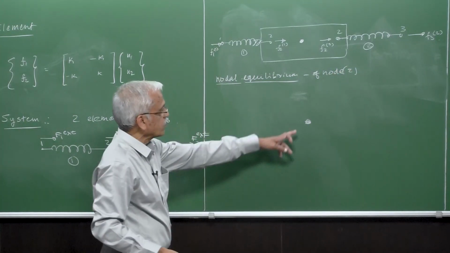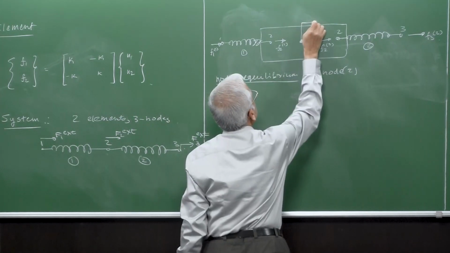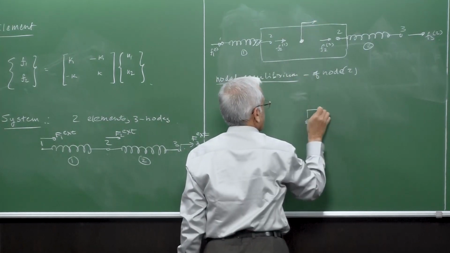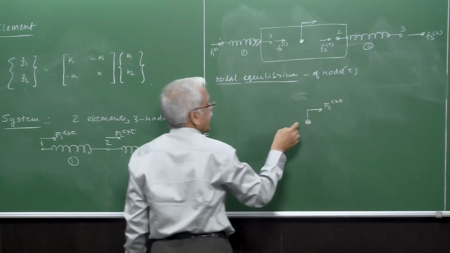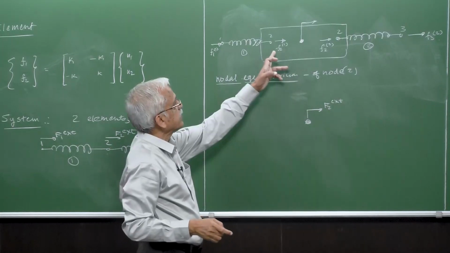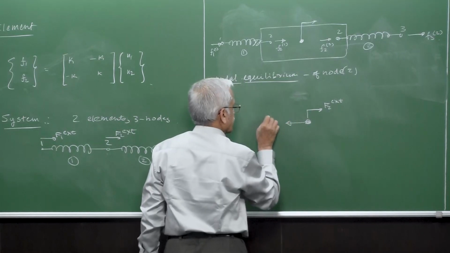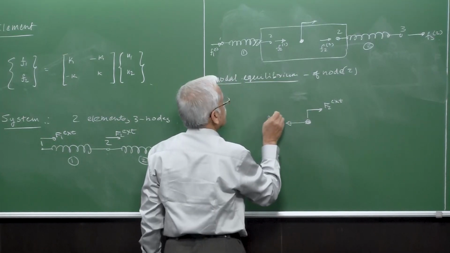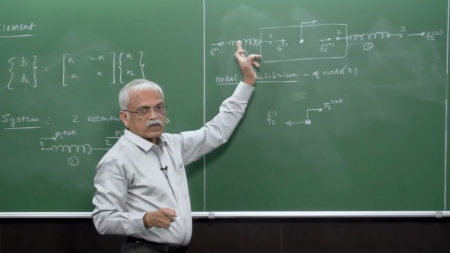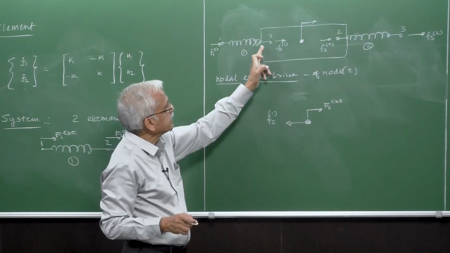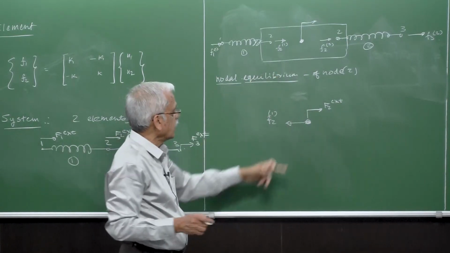So how do we write the force acting on node 2? One is that there is an external force here, F2 external. And what are the other two forces? By element 1 on this node 2 is F2 of 1 in this manner, because this is the force acting on element 1, while this spring will be exerting an opposite force at node 2.